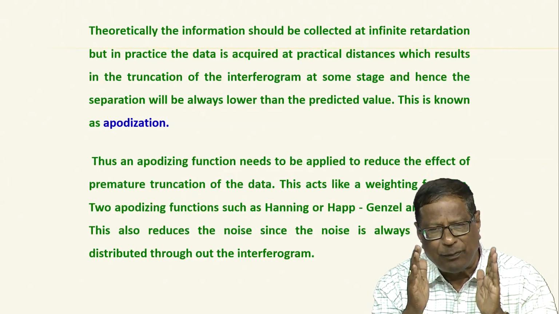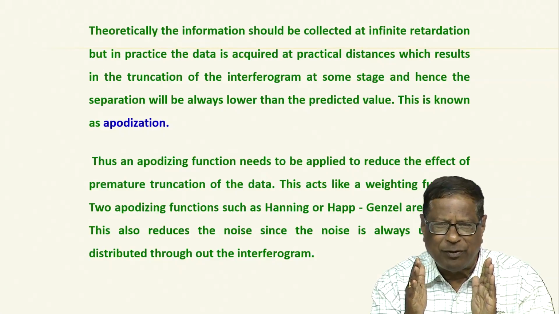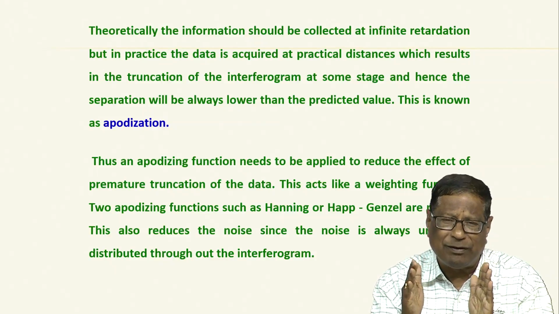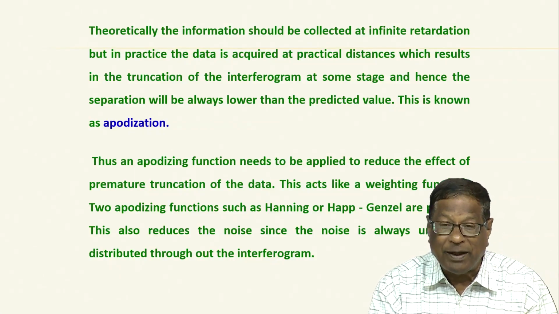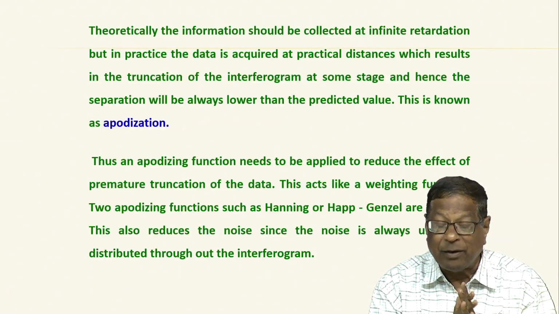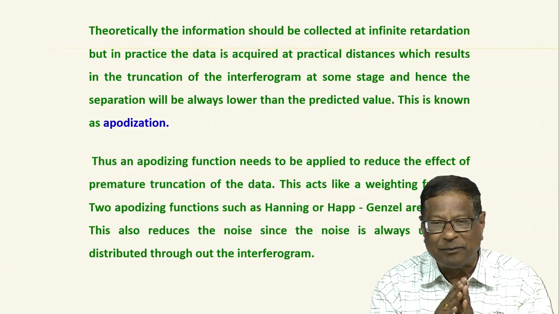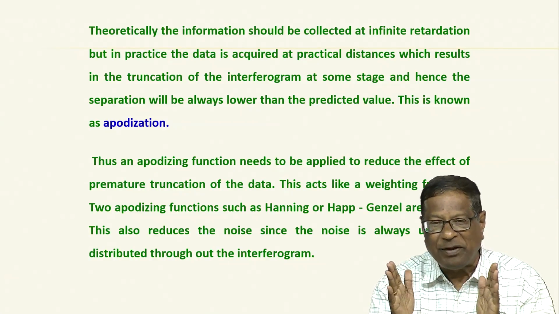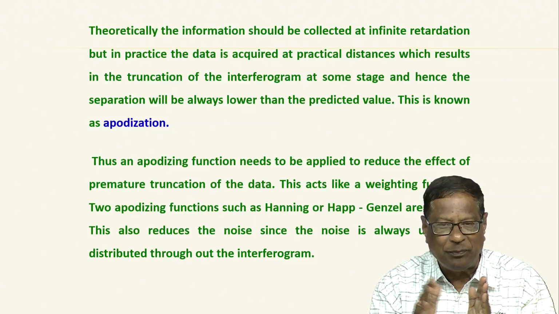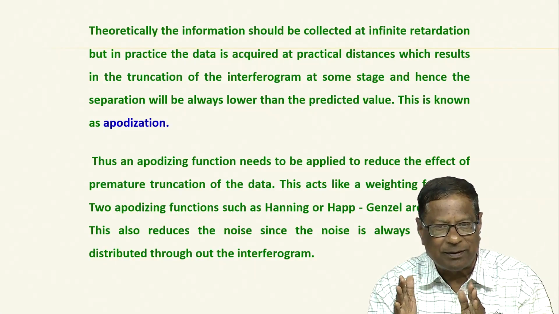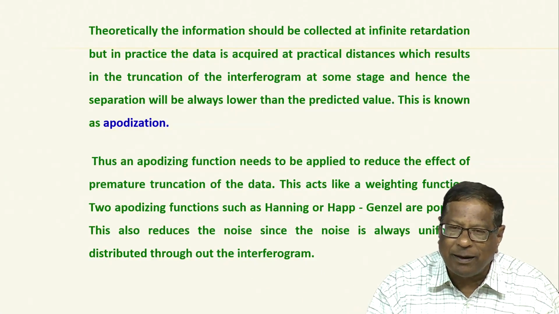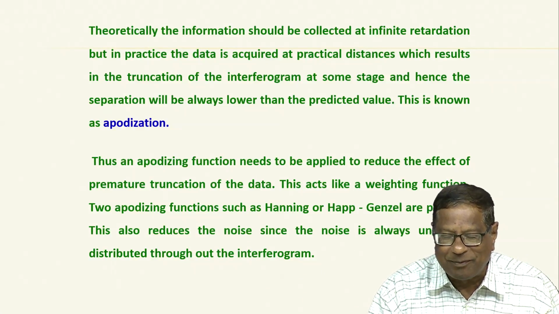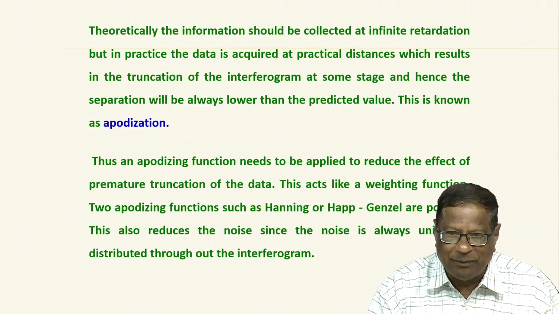That means from one point to another point it must take infinite time to reach, theoretically. But in practice it is acquired at practical distances. I can say 1 centimeter maximum it can move or 2 centimeters, but if I keep it infinite distance, the FTIR spectrum cannot be taken, or it will never end.